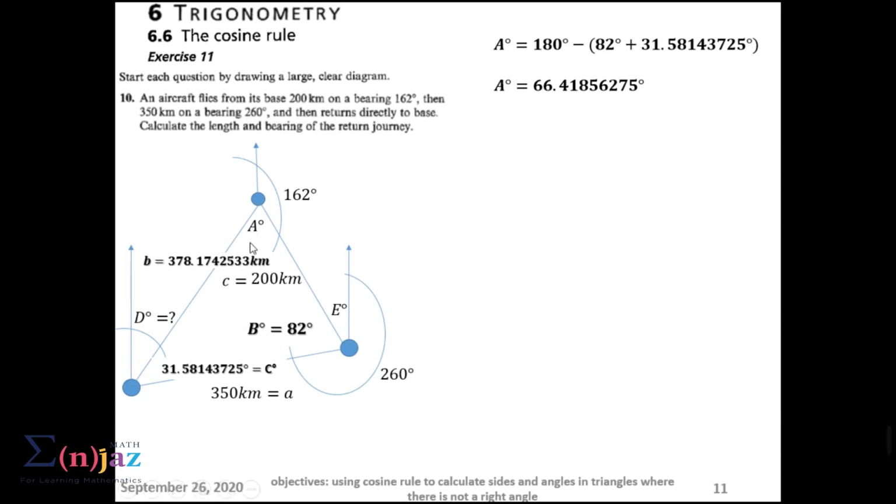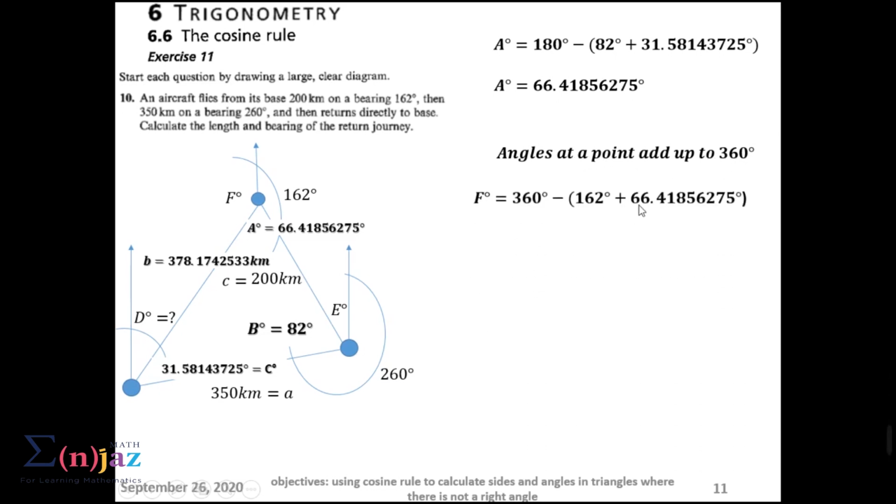Now, since we found angle A, let's place it on the diagram here. We know the 162 and we know the A. Let's name, so angles at a point add up to 360. If we name this angle as F, so 162, A and F are angles at a point, and angles at a point add up to 360.